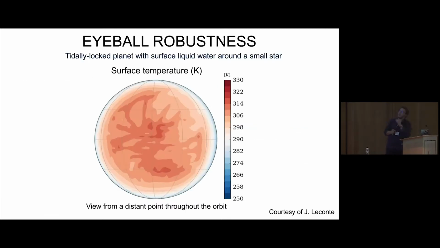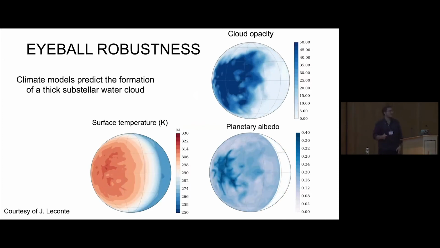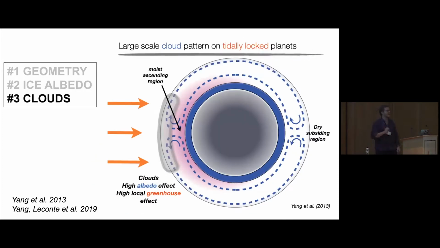The third kind of argument I can advance is clouds. Clouds, again, will help you to stabilize that kind of object. This has been shown first by Jun Yang in 2013. The diagram is from Jérémy Leconte. The idea is that if you have an aquaplanet, eyeball planet, you would expect at the substellar point to have a strong convection, as you have seen in some of the talks earlier this week, that will lead to cloud formation at the substellar point that will reflect light efficiently.